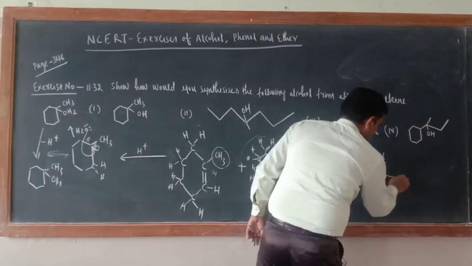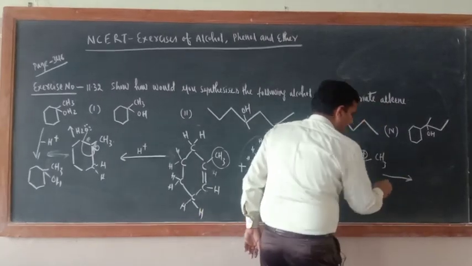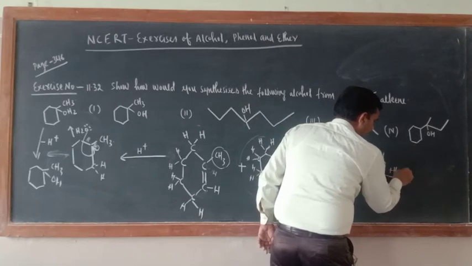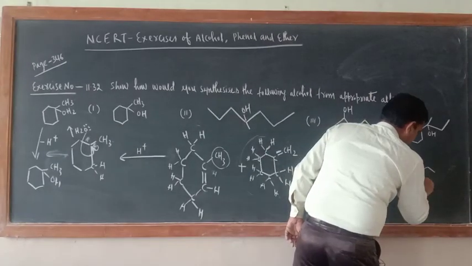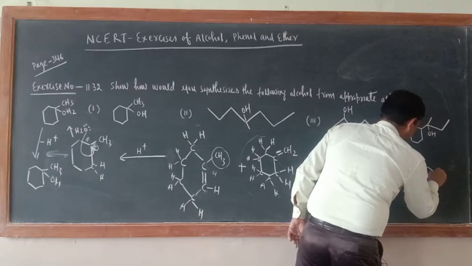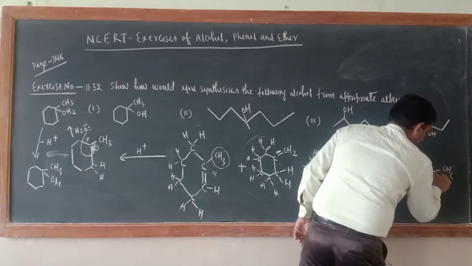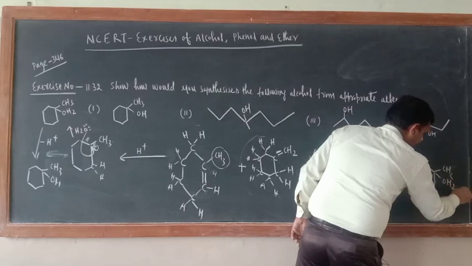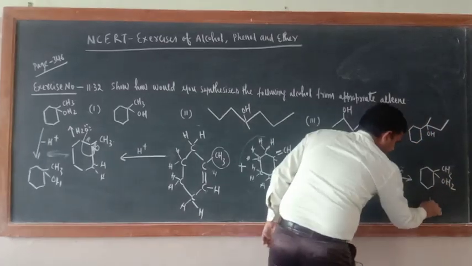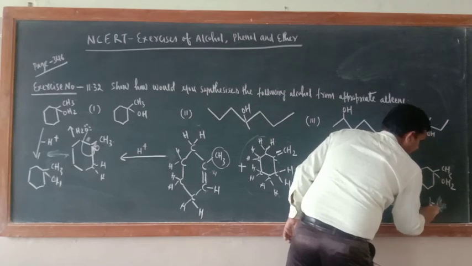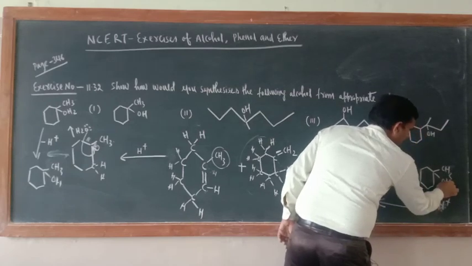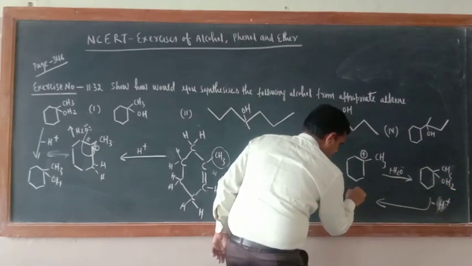Now what is the next step? The next step is nucleophilic attack of water molecules. So now the entire water molecule will be added here. This is CH3 and here what is there? OH2, correct. Now loss of proton, minus H positive. So 1 proton must be lost from the water molecule only.